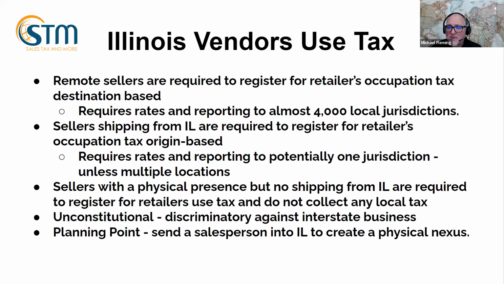So that's a planning point. Send a salesperson or anybody that's going to be creating nexus with Illinois, and then you can register for the Illinois retailer's use tax rather than the retailer's occupation tax.